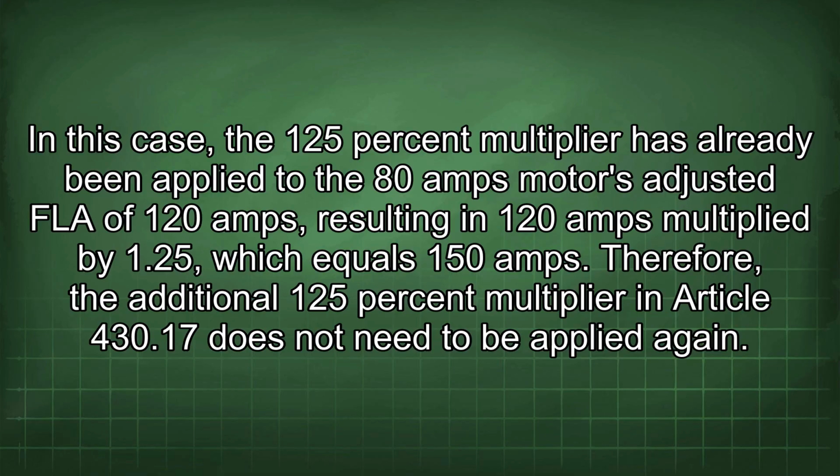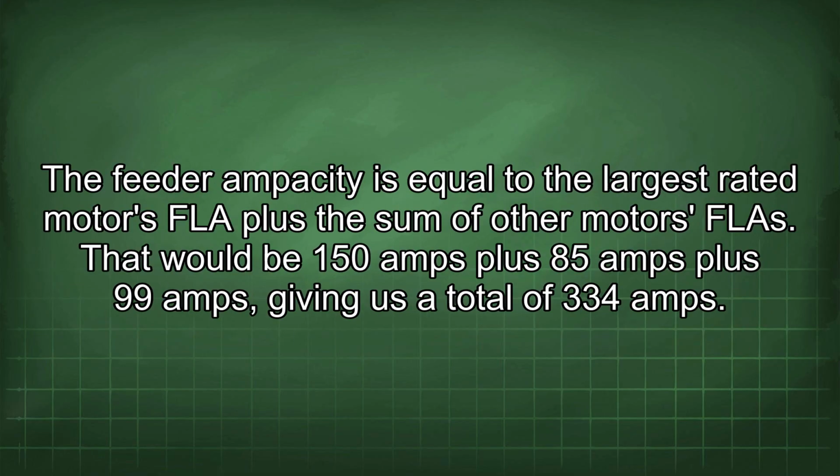Therefore, the additional 125% multiplier in Article 430.17 does not need to be applied again. The feeder ampacity is equal to the largest rated motor's FLA plus the sum of other motors' FLA. That would be 150 amps plus 85 amps plus 99 amps, giving us a total of 334 amps.